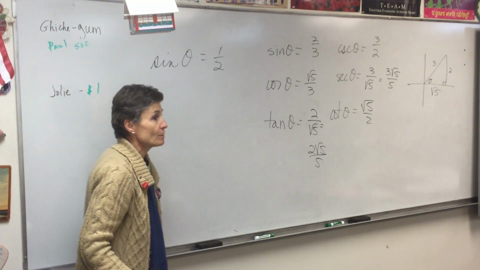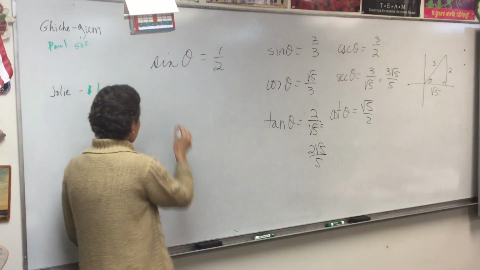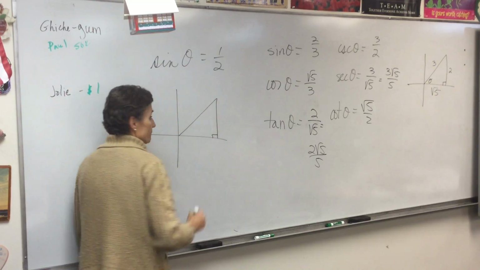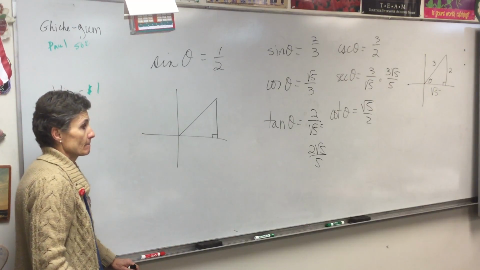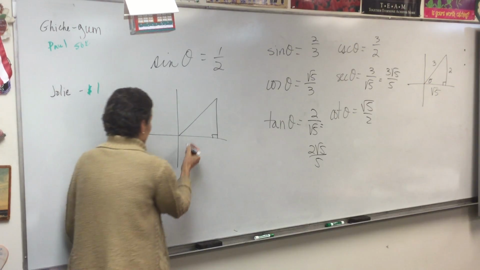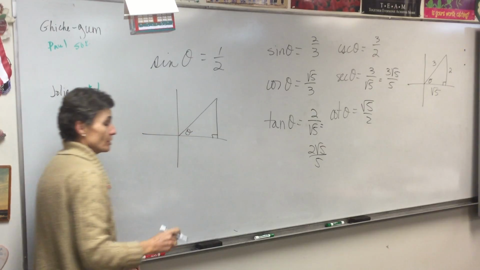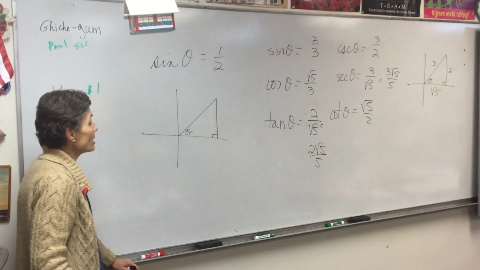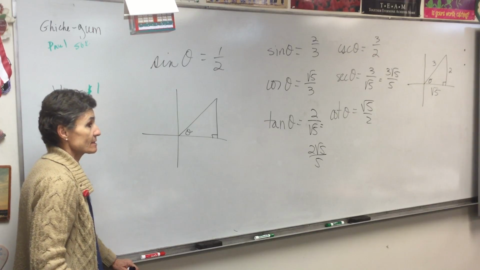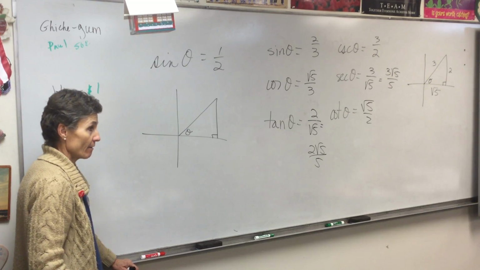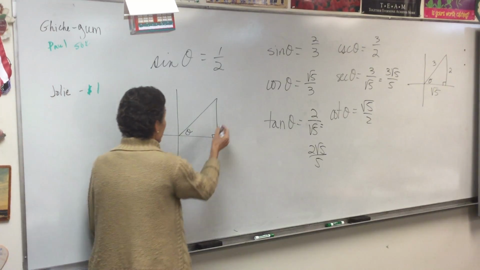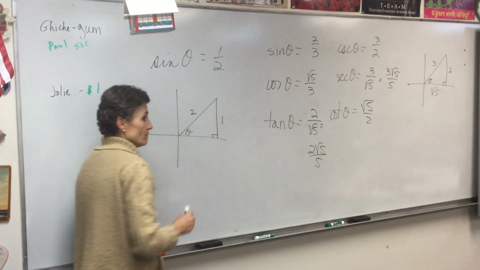Find the acute angle. All right, so again, acute means less than 90. So we are in quadrant 1. Here is angle theta in standard position, the acute angle theta. And all we know about it is that its sine is 1/2. Well, we kind of just did that. If the sine is 1/2, doesn't that mean that's a 1 and that's a 2?